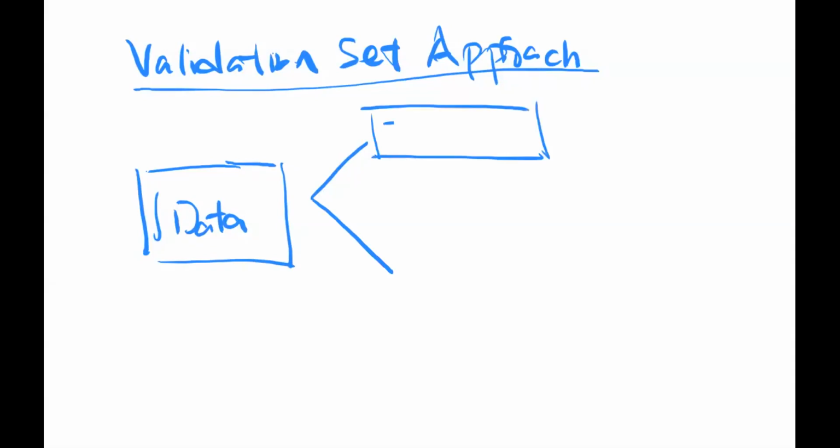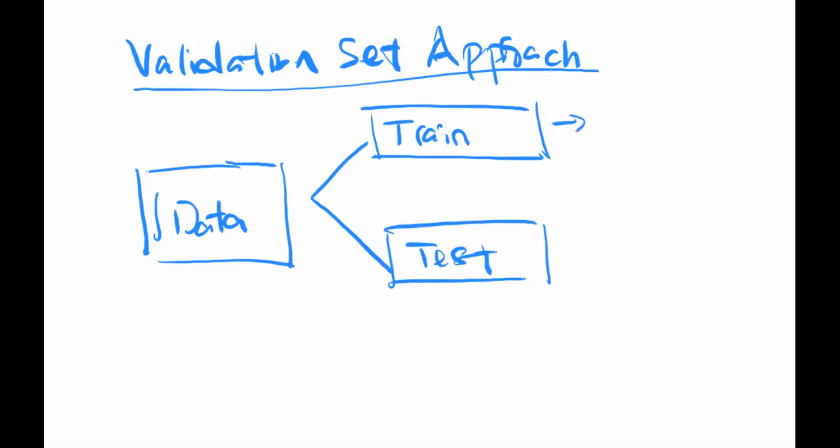One is called training, and the other one is basically for testing. We will train the models using the data that we have in the training data subset. So this will be used to train the models.